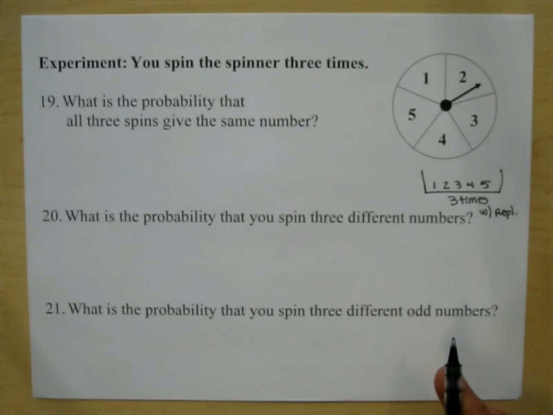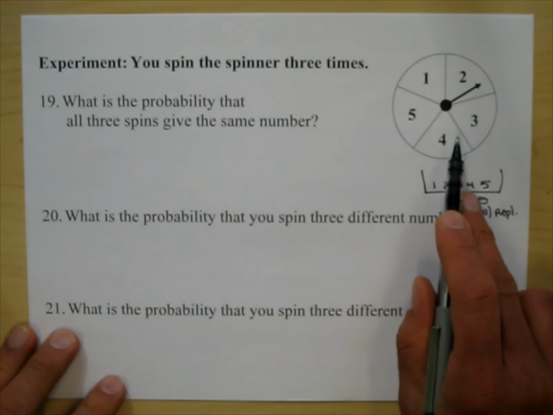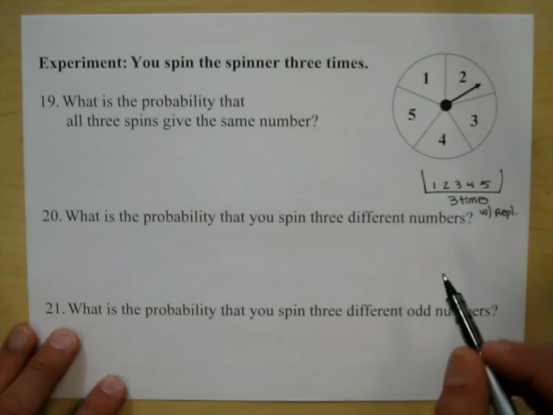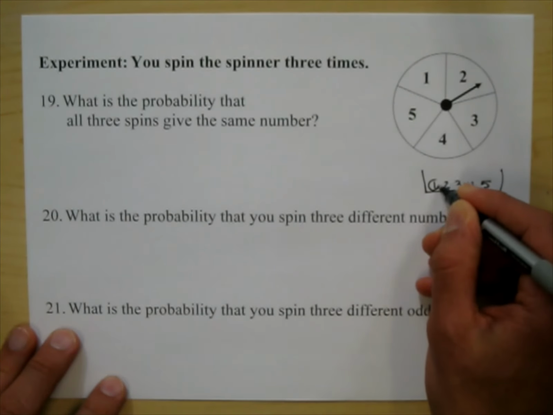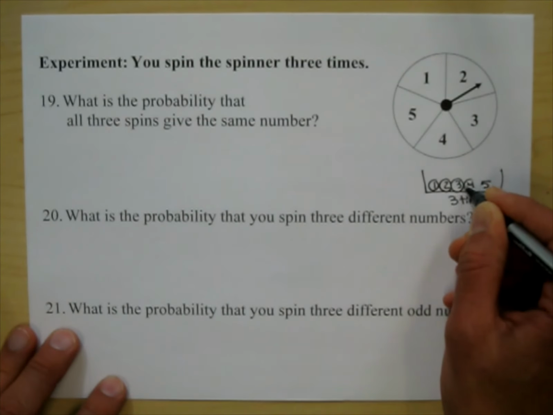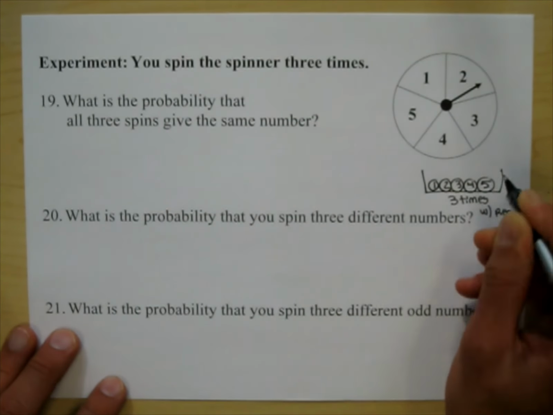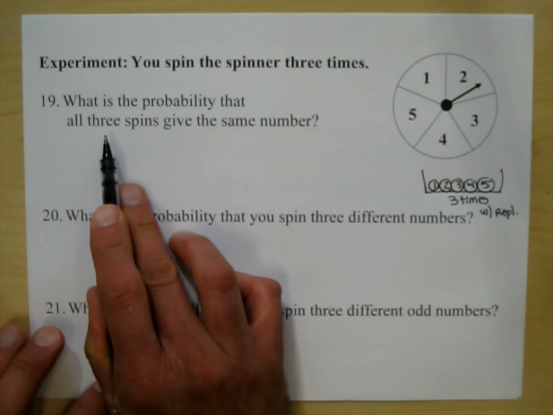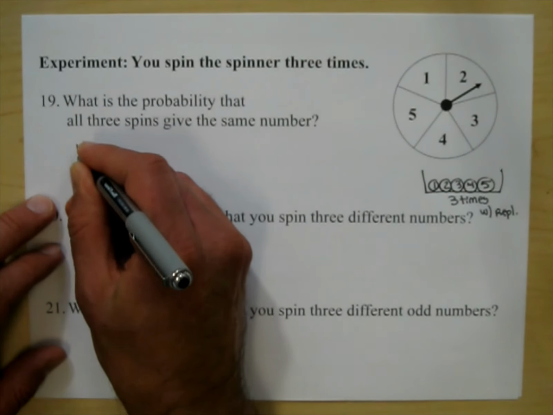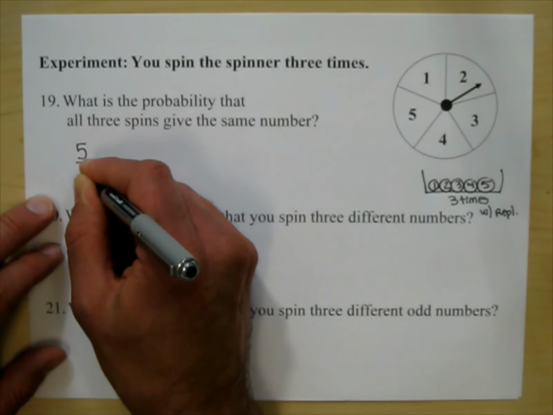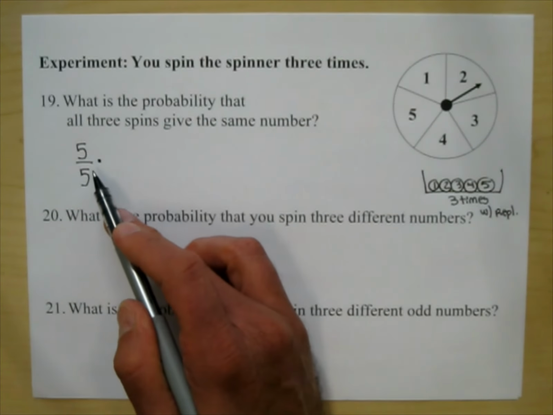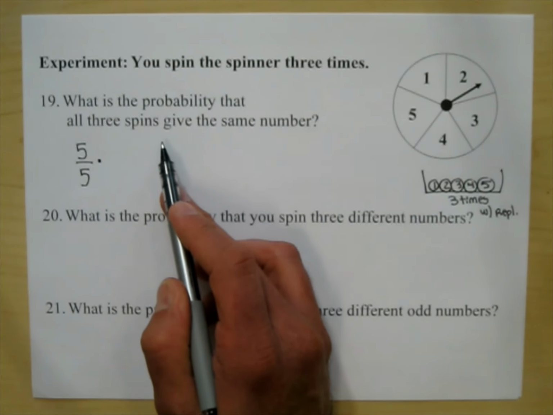Okay, now, when you spin the spinner the first time or reach into that box to grab one of those marbles the first time, it could be any one of the marbles, because you're not going to be breaking this rule. I mean, you want all three spins to give the same number, so the first probability is 5 over 5, because you can select any number for this experiment.